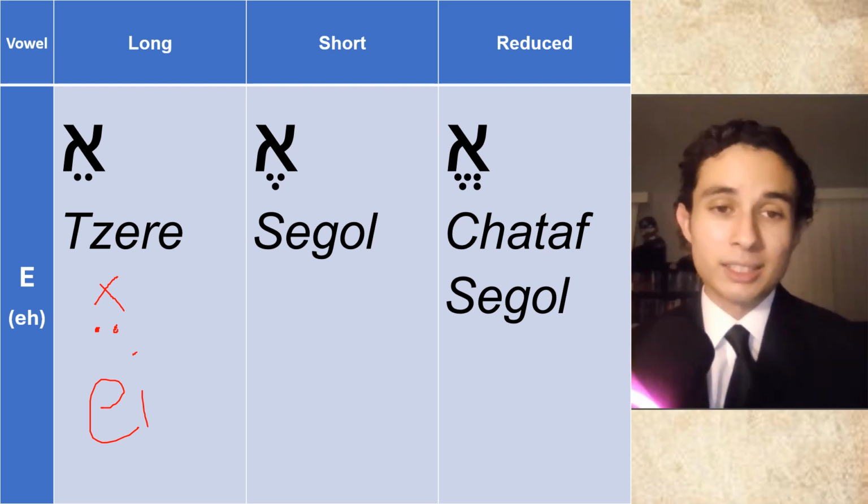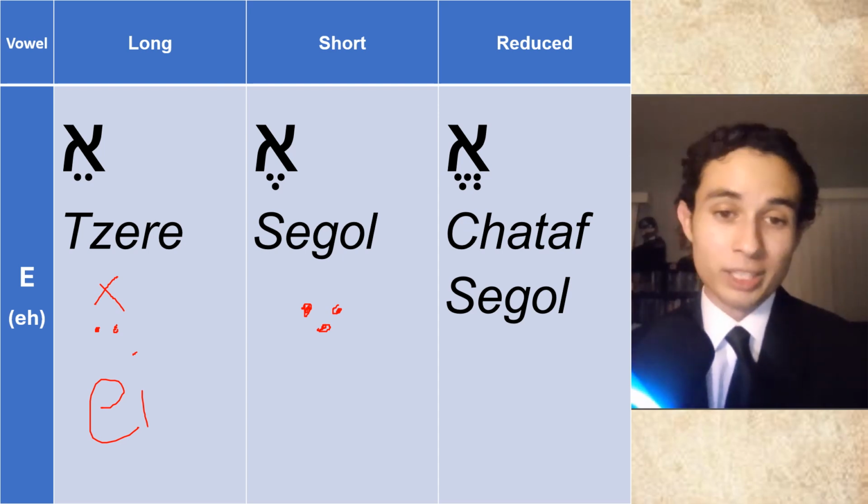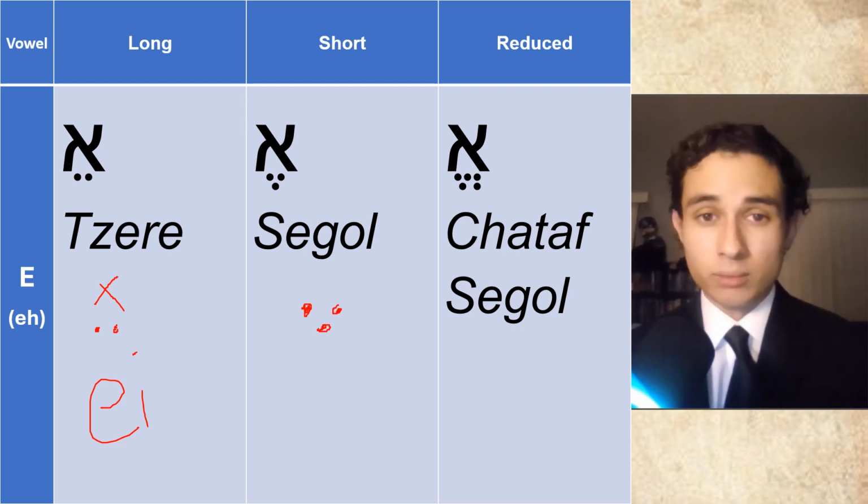Okay, so next is the segol. This is the short S sound. And this is a little easier. It's just the 2 dots, but with a little one added under to look like a little upside down triangle. So that is the short E pronunciation. Okay. And then there's the reduced vowel with the chataf segol, which is a rare appearance.